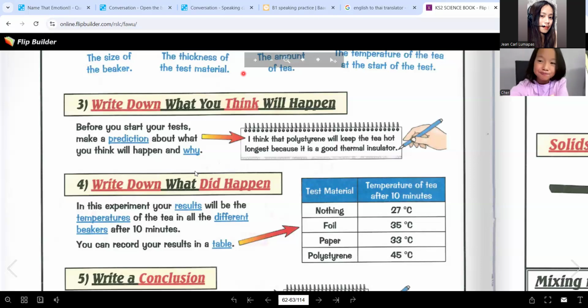You need to write down the result of the experiment, you record it on a table. Any questions so far? No. Okay, look at number five. What's the last step after you write down the result?